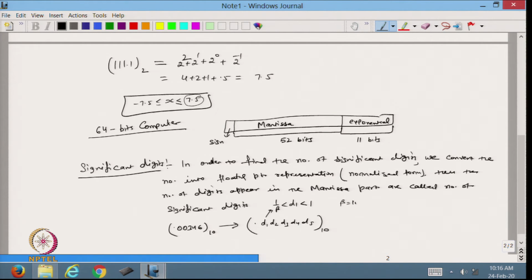That base is 10, because we are dealing with the decimal form. So, 1 by 10 is 0.1. So, it should be greater than 0.1 and less than 1. That is the normalized form, but here the first digit is 0.